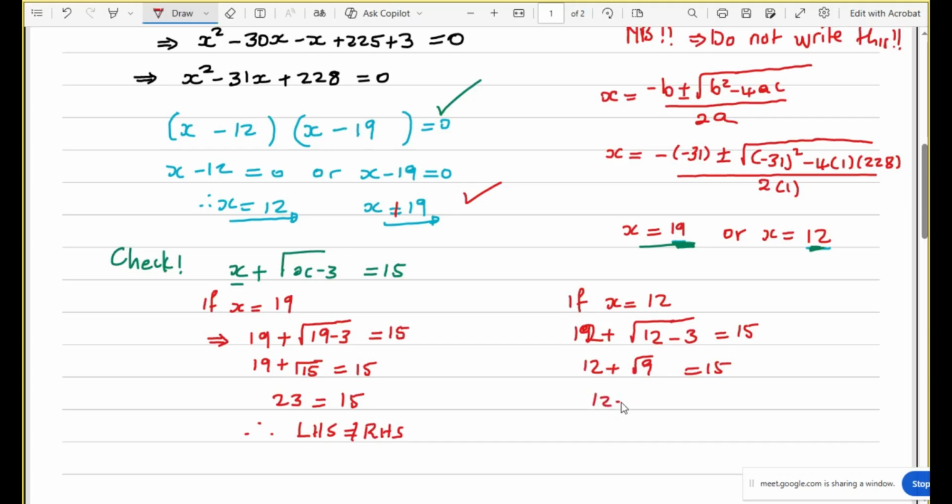So this will be 12 plus the root of 9, which is 3, which is 15. Therefore, 15 is equal to 15. Therefore, the left-hand side and right-hand side are equal. So x must be equal to 12. So for rejection, there's 1 mark. If you don't say x must not be equal to 19, you'll definitely lose that mark, okay?